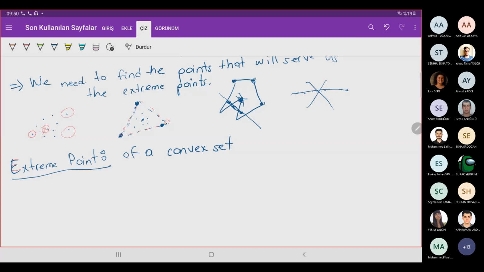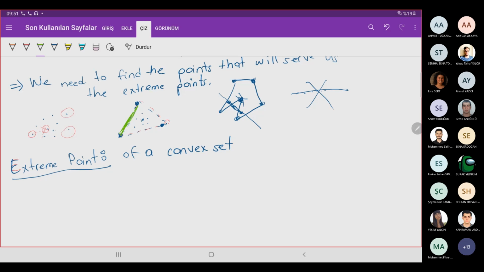So in these corners, which are the extreme points, if you draw one line between any two of them, then all the remaining points are on the same side, not the other side.